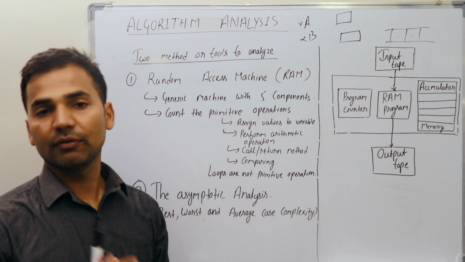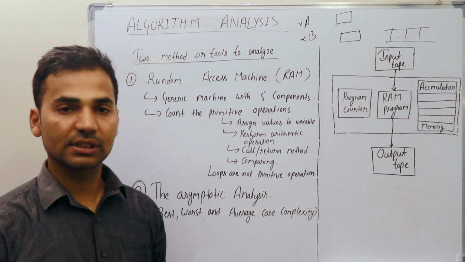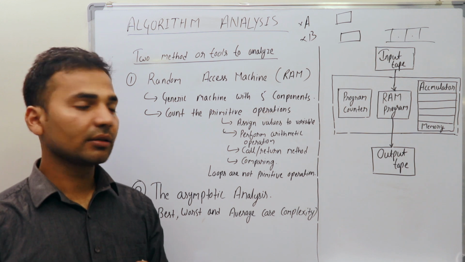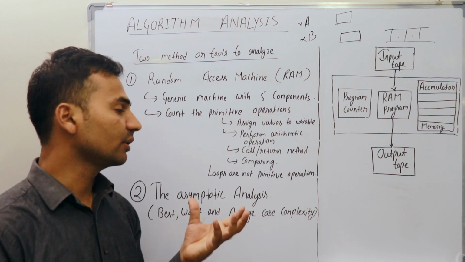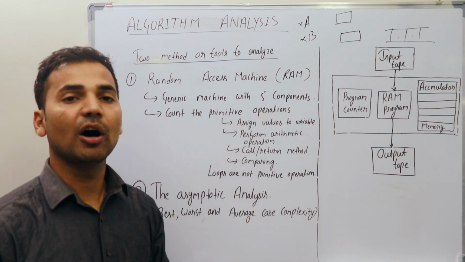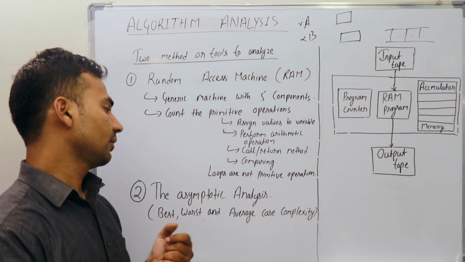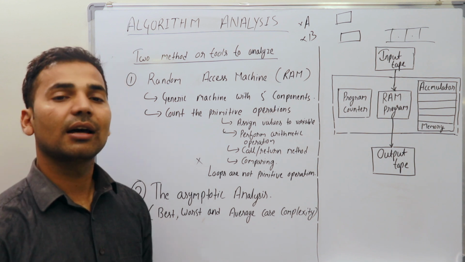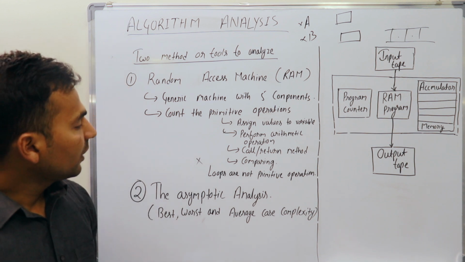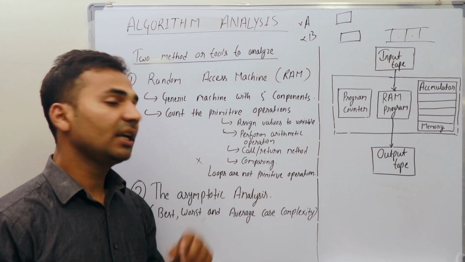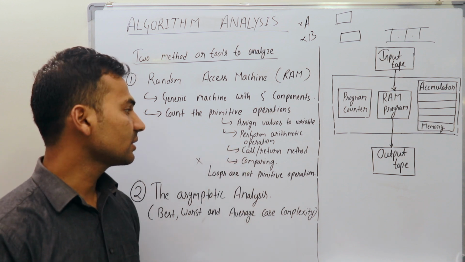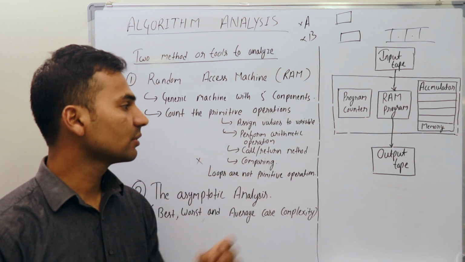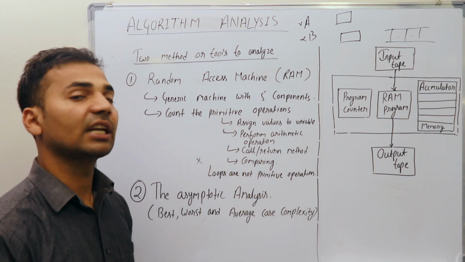A call to a function, or a return from a function, is also a primitive operation. Comparing values within the algorithm is also a primitive operation. But loops and subroutines are not primitive operations, though within loops there may be many primitive operations or just one. We count these primitive operations to find the running time of an algorithm.